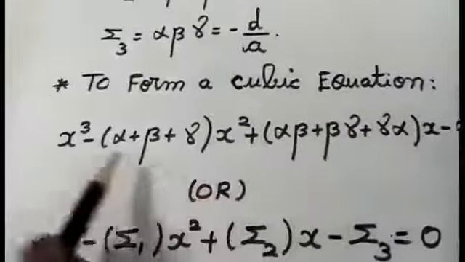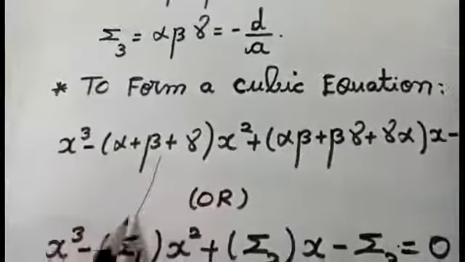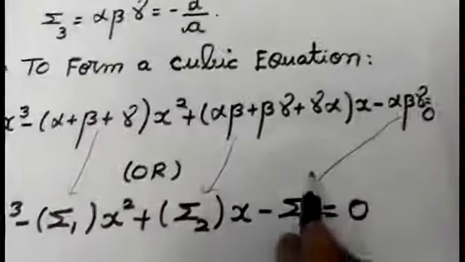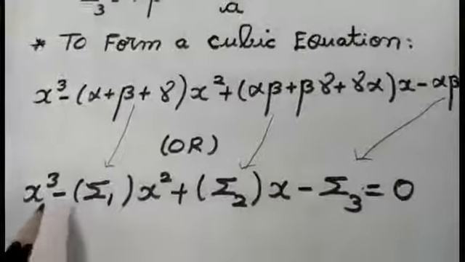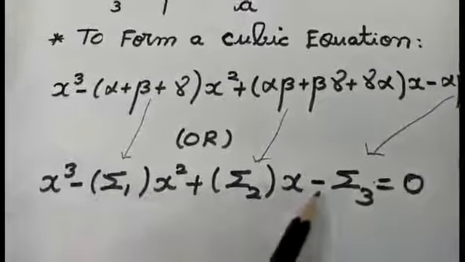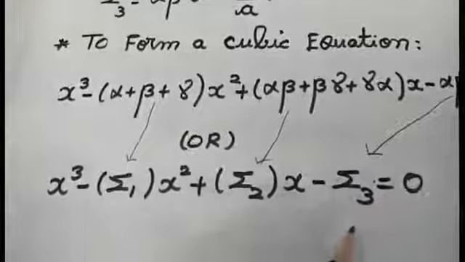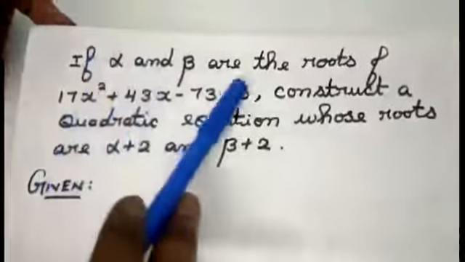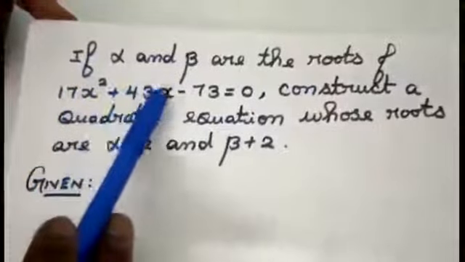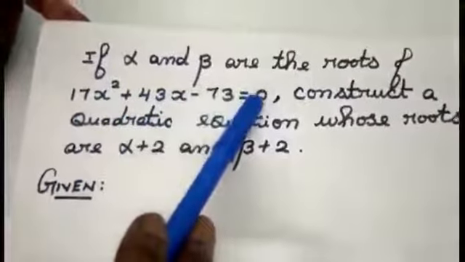What is the meaning inside here, summation 1, summation 2 and summation 3. This is the meaning, that is x cube minus summation 1 x square plus summation 2 x minus summation 3 equal to 0. If alpha and beta are the roots of 17x square plus 43x minus 73 equal to 0.